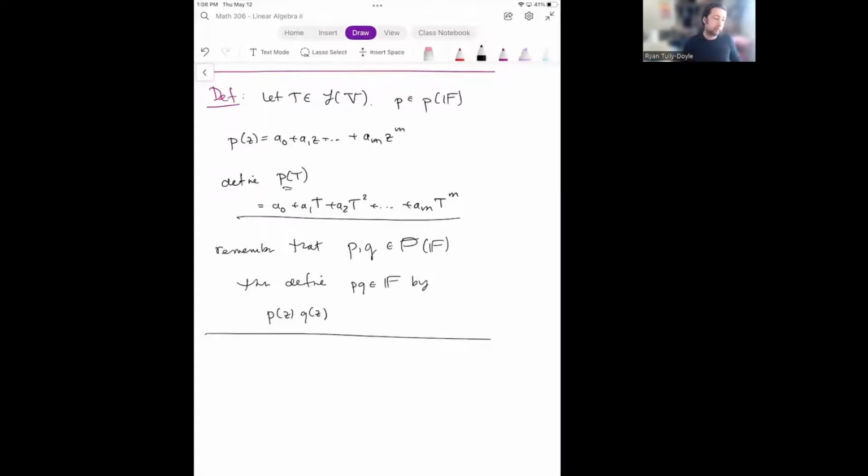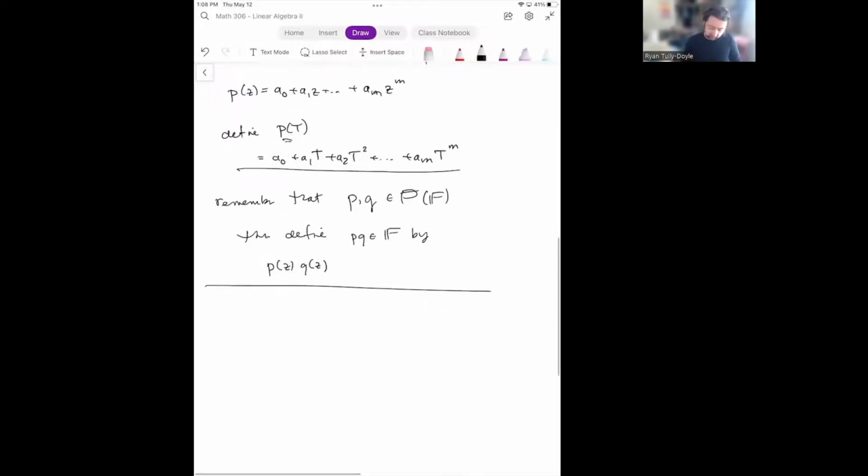All right. So it turns out that this multiplication on polynomials translates into a multiplication that works well with operators. So here's a theorem.